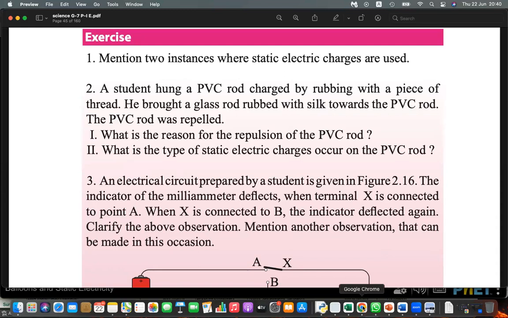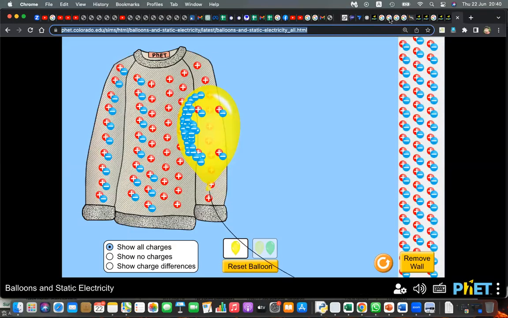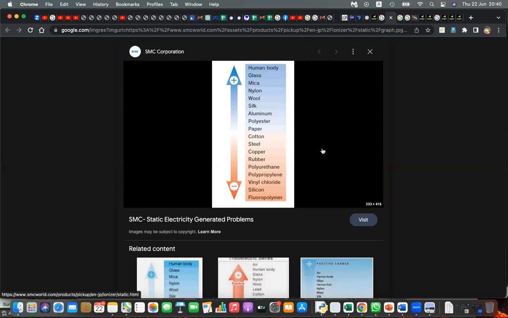Normally, when you are rubbing glass-like things and polyester, they mostly get positive charges when you rub against something, and the other one becomes negative.